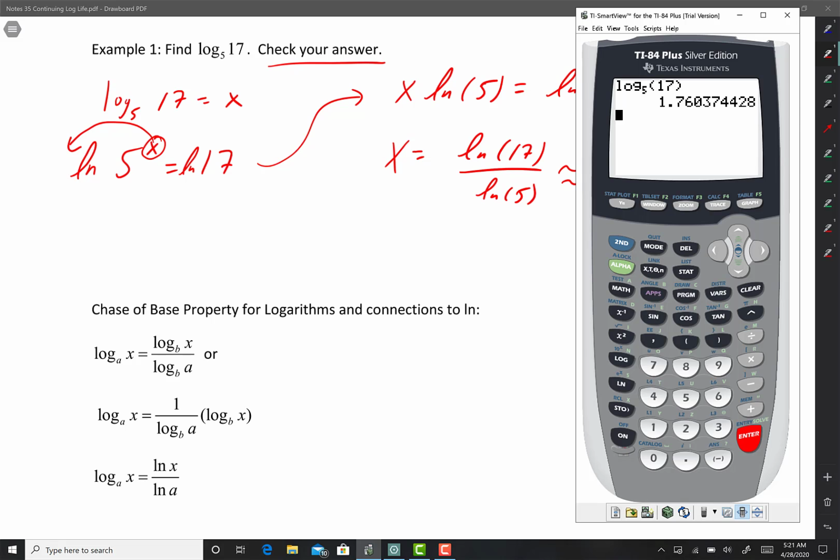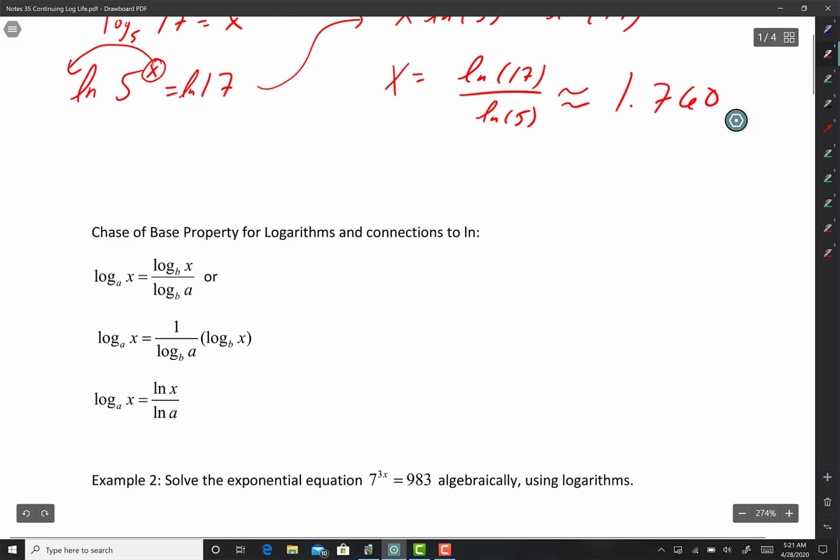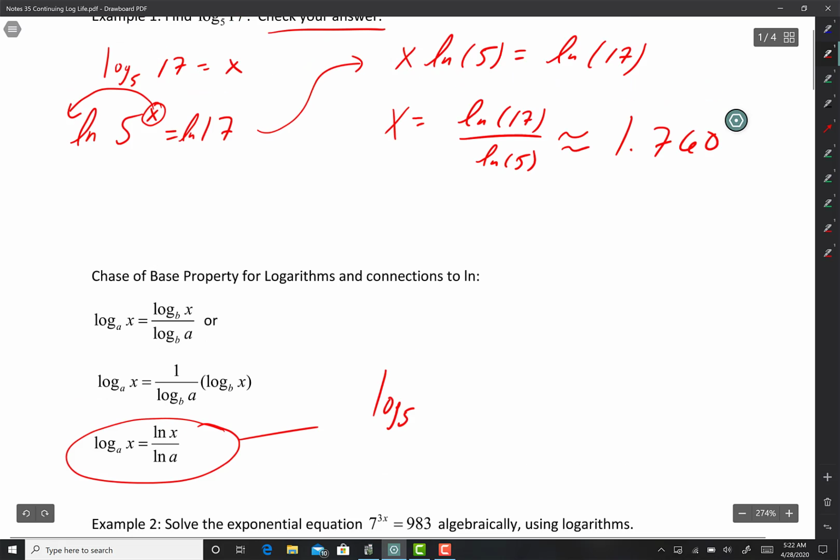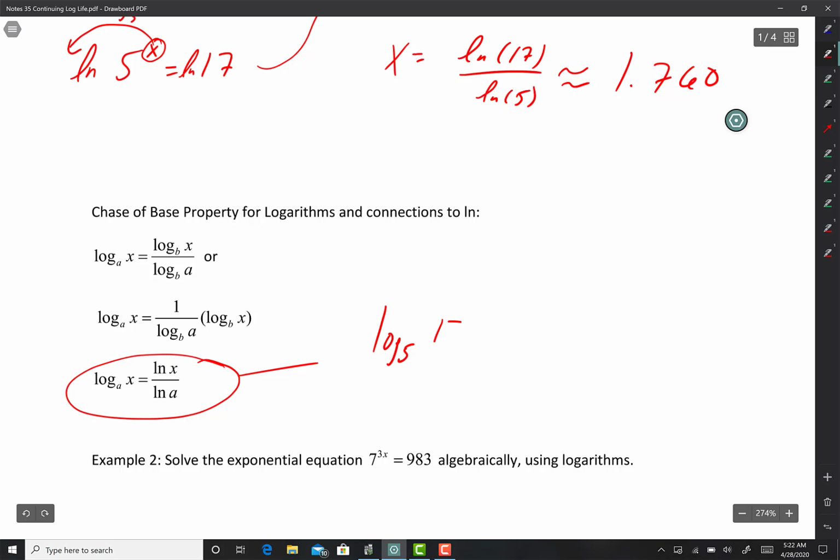Now, if you knew something called a change of base property, you could have easily used this formula right here. So notice if I have log base 5, what was it again? I already forgot. Short-term memory. Log base 5 of 17, you could have just said, oh, okay, that just means ln of 17 over ln of 5.